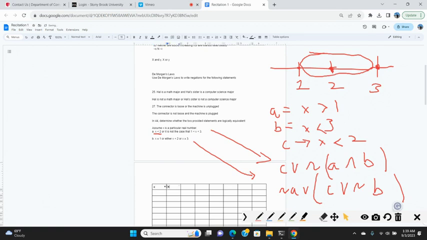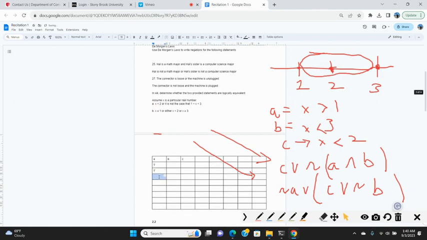So we have A, B, and C. So we have T, T, T, T, F, F, F, F. Wait, no, sorry. T, T, F, F, T, T, F, F, then T, F, T, F, T, F, T, F. So we can begin by evaluating the first compound part of this statement.